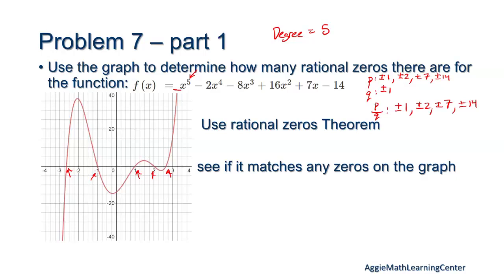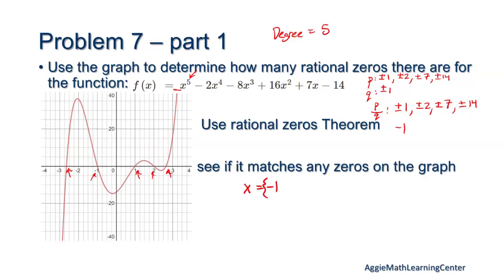So we can compare these possible rational zeros to our graph. Do we have anything that looks like -2 to -3? Not really, right? That's a decimal number. We don't have any decimals in here. However, we have -1, so it looks like x is equal to -1, because that's right here.